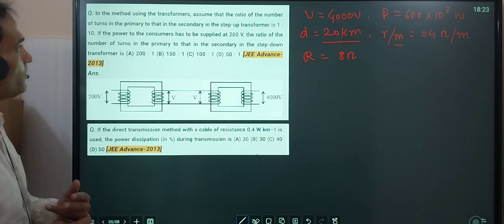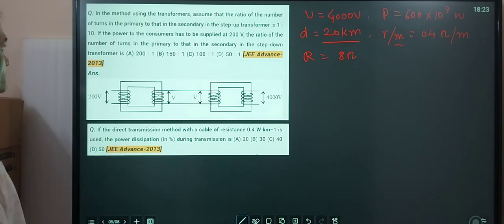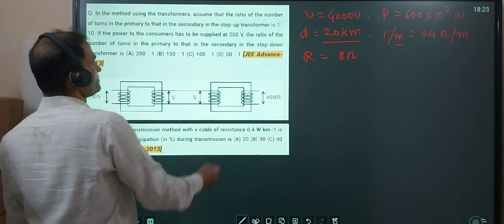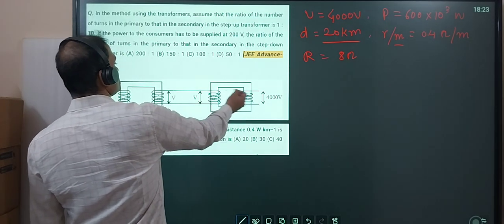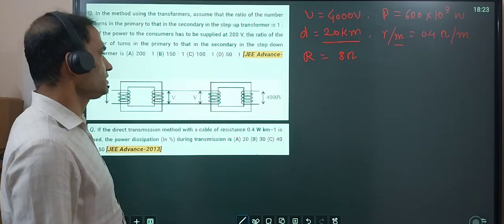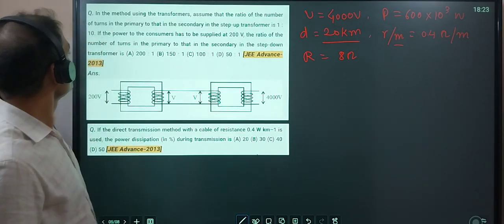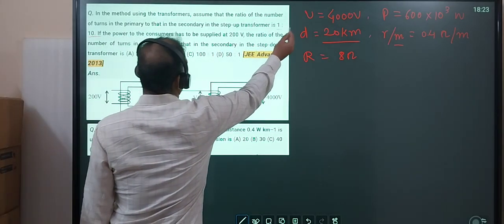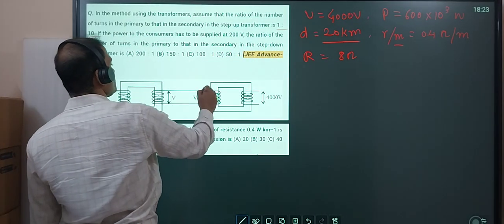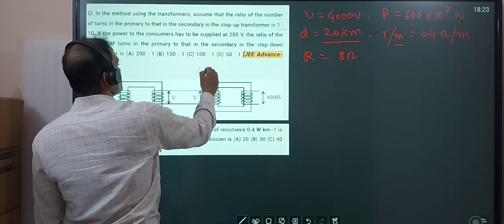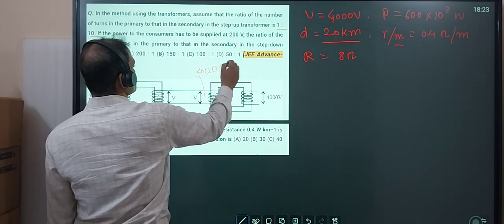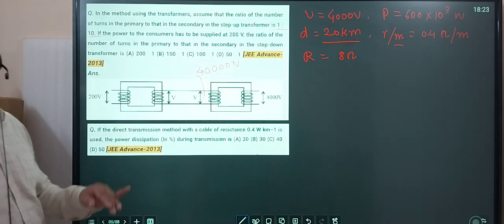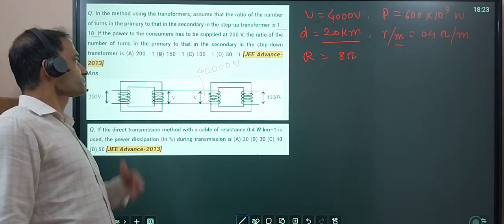Now what is happening here? Here it is stepping up. From the power generating station, it is stepping up, and the stepping up ratio is 1 to 10. So basically here you are getting a voltage of 4,000 volt. 400 is the generation voltage, but at the power station we are stepping up.